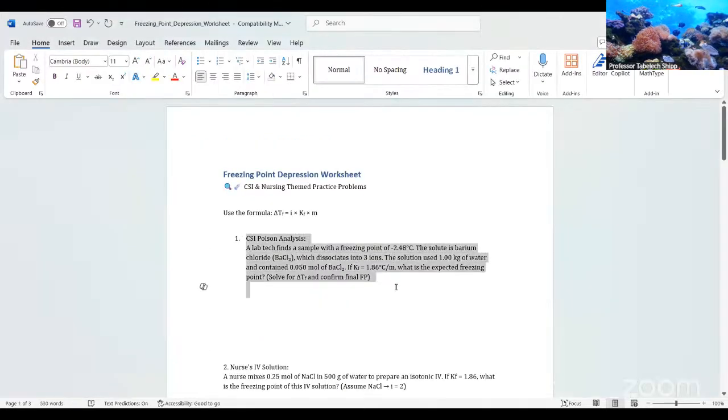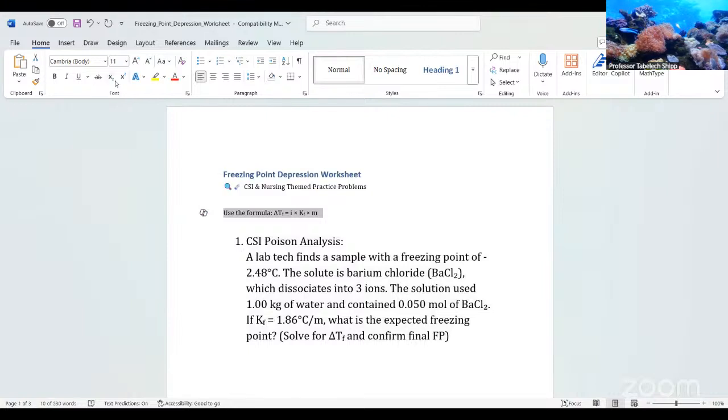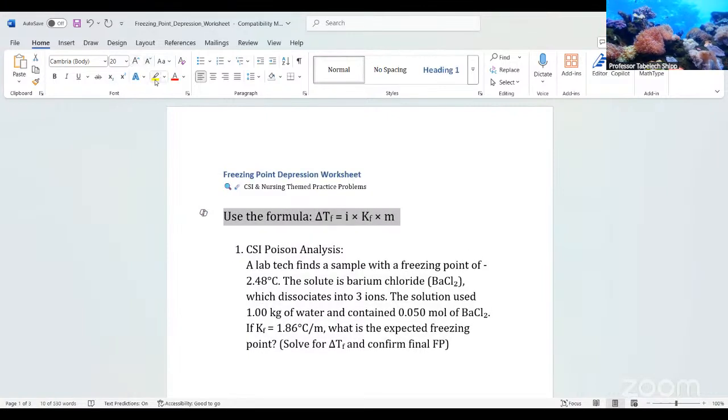So here's your first example. Here's your formula that I have highlighted for you, so that you can actually see how simple this can be.